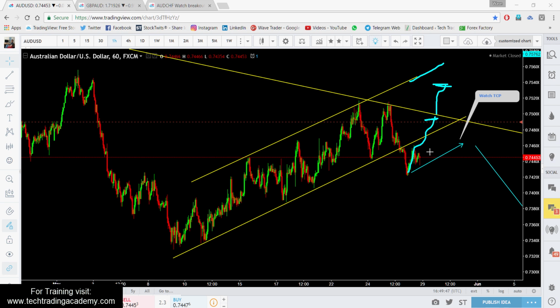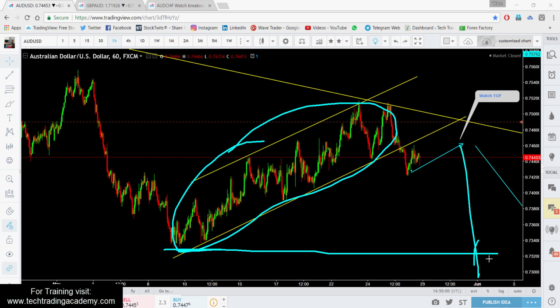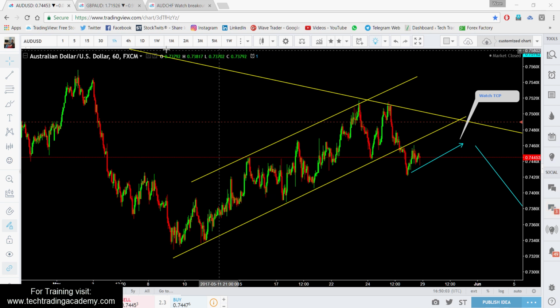I don't think price is going to test that area anytime soon, because the whole channel is corrective. Very soon we're going to see breakdown and continuation, up to that area, or even price may go beyond this area. So those who are holding, good luck.